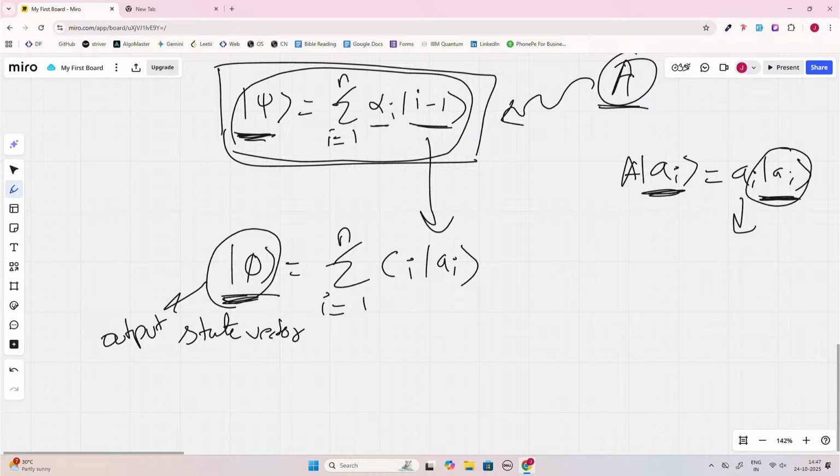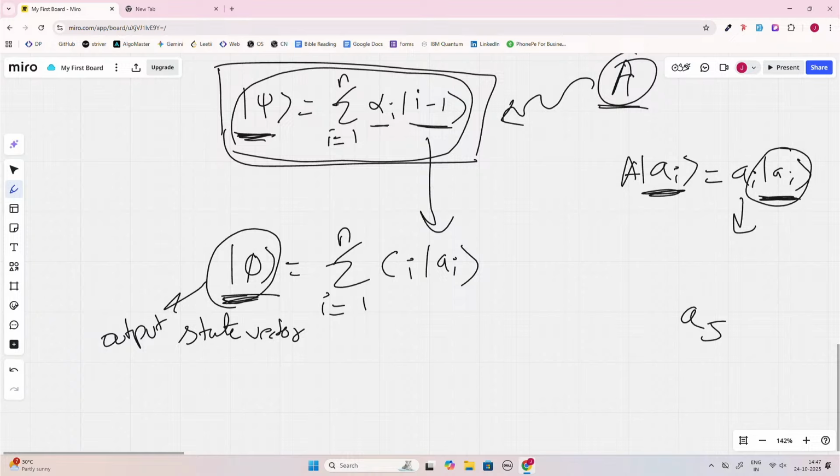Now, I have an output vector which is in a superposition state. I want to find the probability of the actual measurable output value to be, let us consider, A5. So Ai means I can be anything, up to n, whatever, because we have n states.